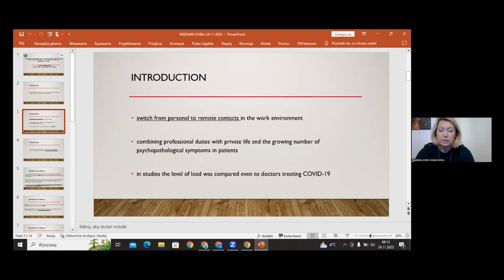And in a lot of studies, the level of load was compared even to doctors treating. The stress of psychologists was similar.